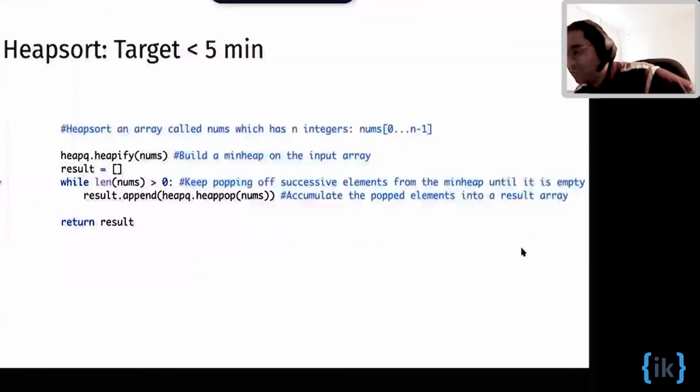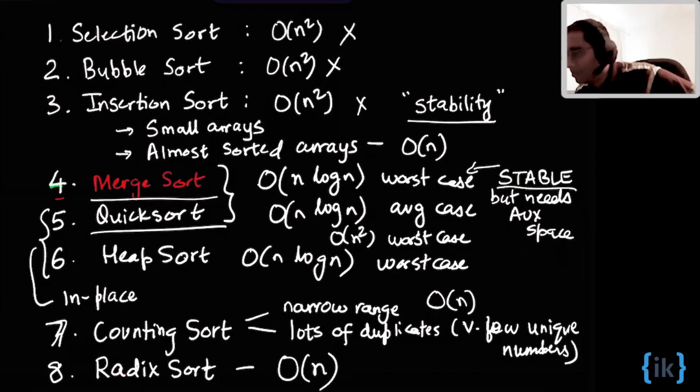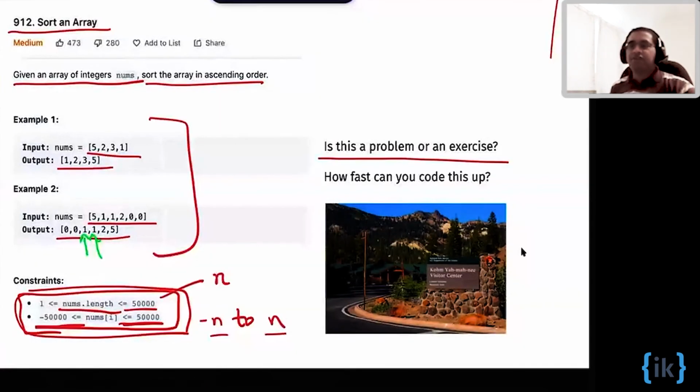But Radix sort also runs quite fast on this problem. So counting sort and Radix sort both run the fastest. And that's why it's a medium problem, because you could use merge sort and Quicksort, but to really optimize it, you would need to go for counting sort or Radix sort.